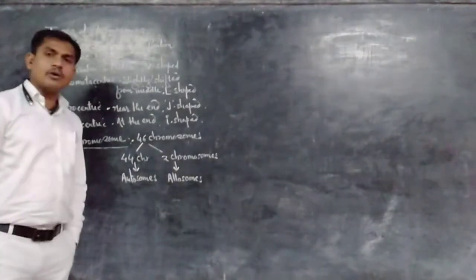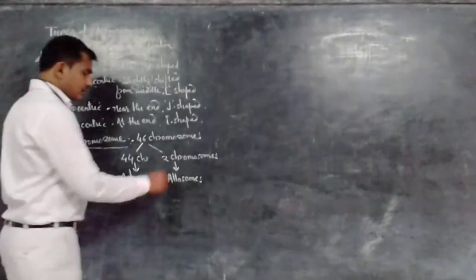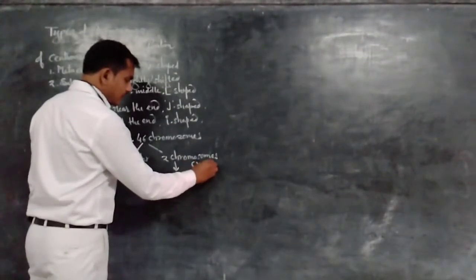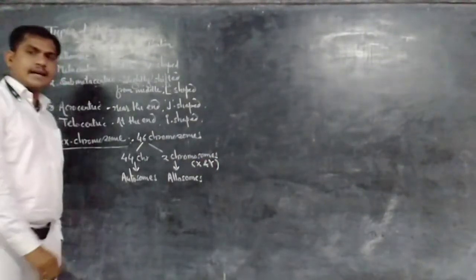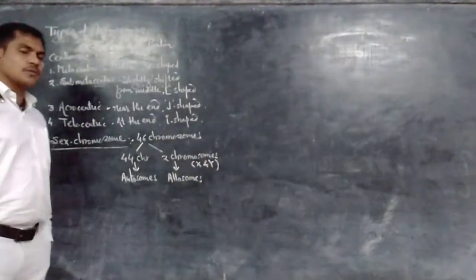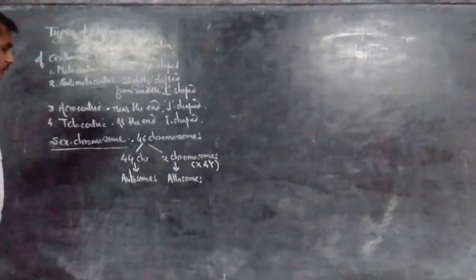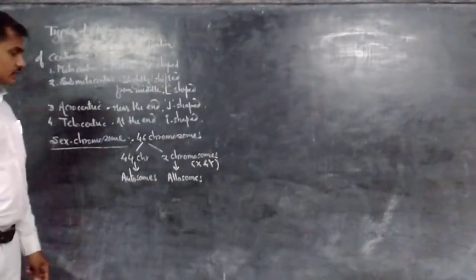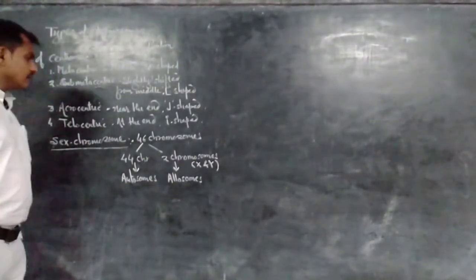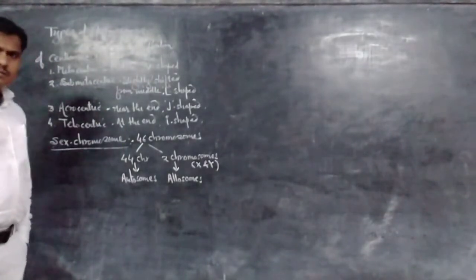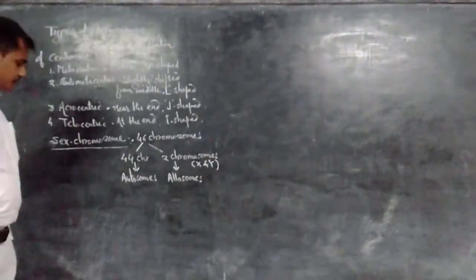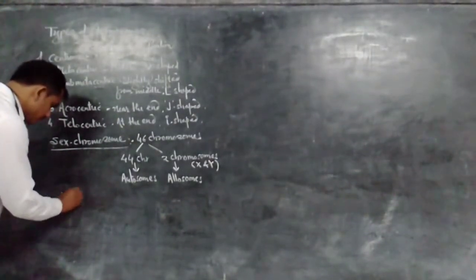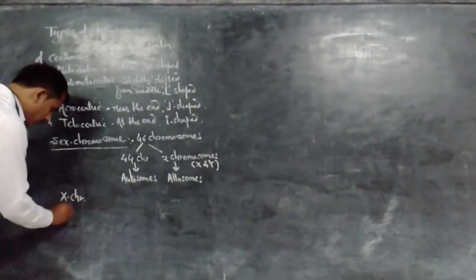In human beings and all mammals, the sex chromosomes are X and Y. These X and Y chromosomes are the sex chromosomes in human beings and in all other mammals, also called allosomes. Now see the characteristics of the X chromosome and Y chromosome.